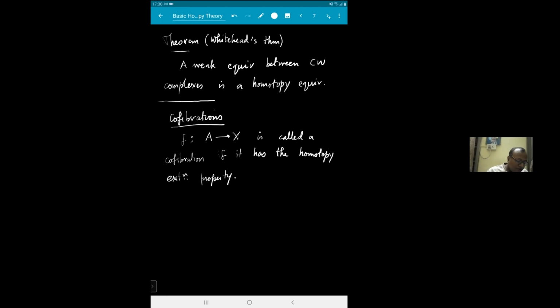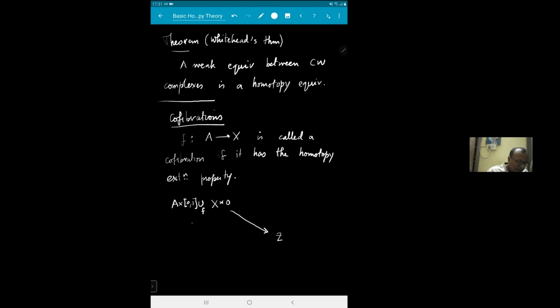So what does this mean? This means that suppose I have a map from X to Z and a homotopy of the restriction from A to Z. So that means, let me just write it like this: X cross 0, and then I'm taking the union over f with A cross [0,1].